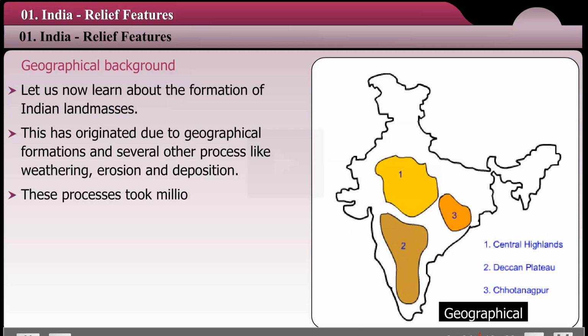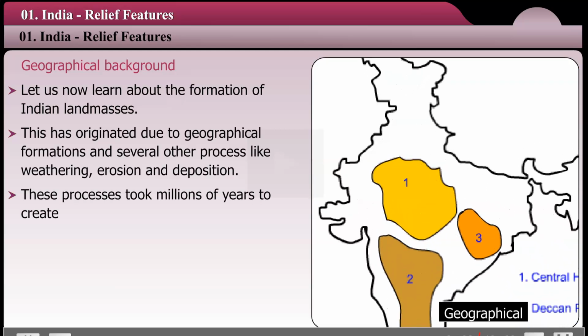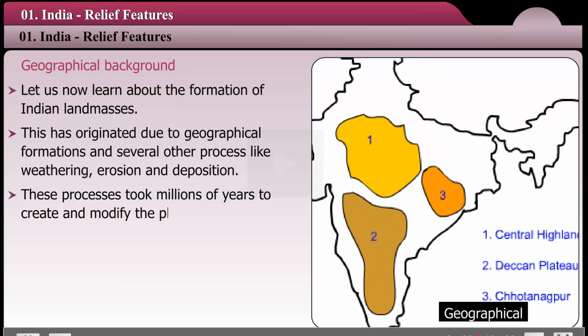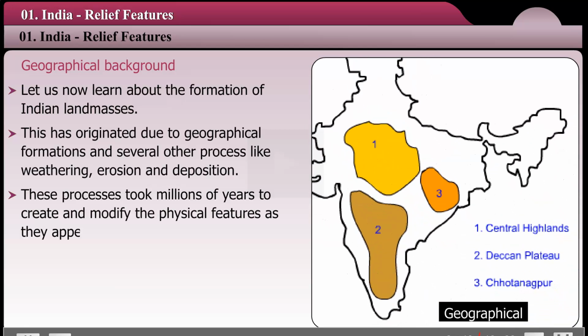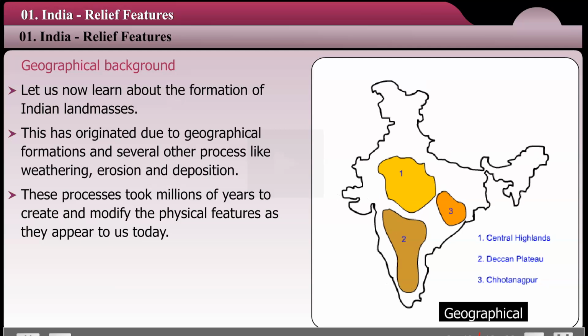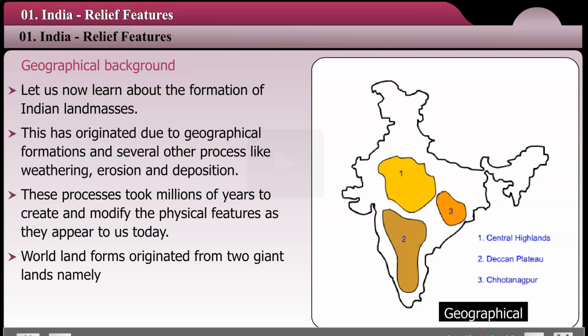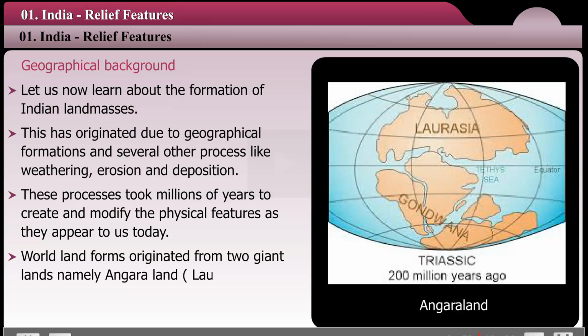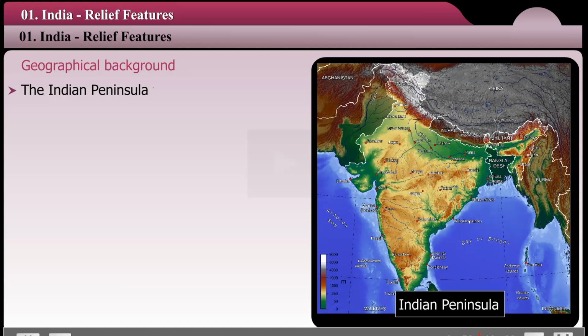These processes took millions of years to create and modify the physical features as they appear to us today. World landforms originated from two giant lands, namely Angara land, Laurasia, and Gondwana land. The Indian peninsula was part of Gondwana land.